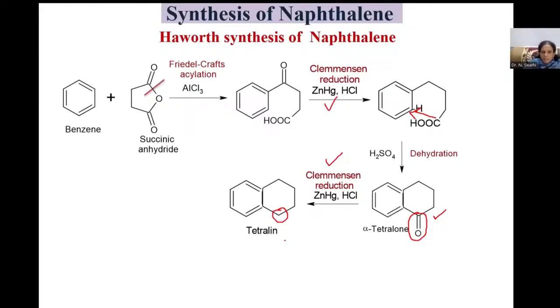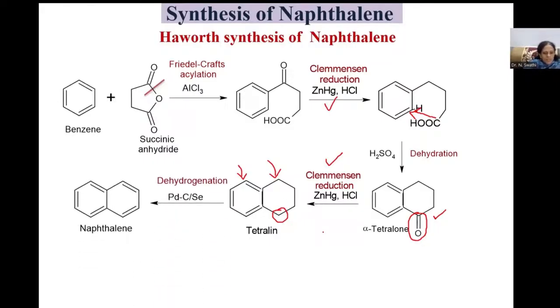Now, the difference between the final naphthalene structure and the tetralin structure: one of the benzene ring systems is ready. The other ring is six-membered, but it lacks two more double bonds. How can we introduce double bonds? By performing a dehydrogenation reaction. When you remove four hydrogens from tetralin, two double bonds are introduced.